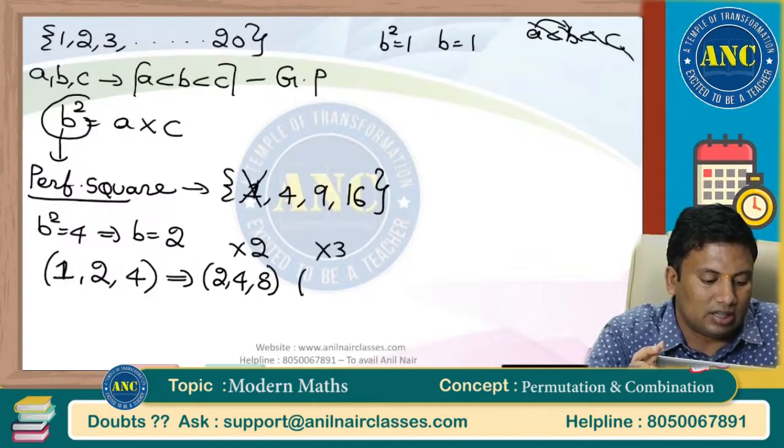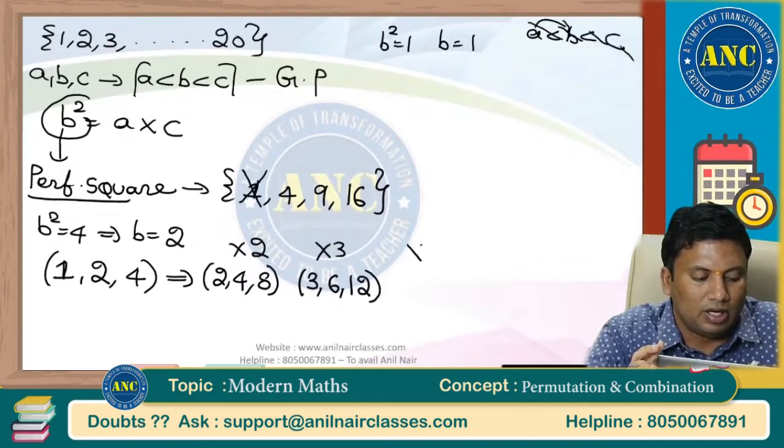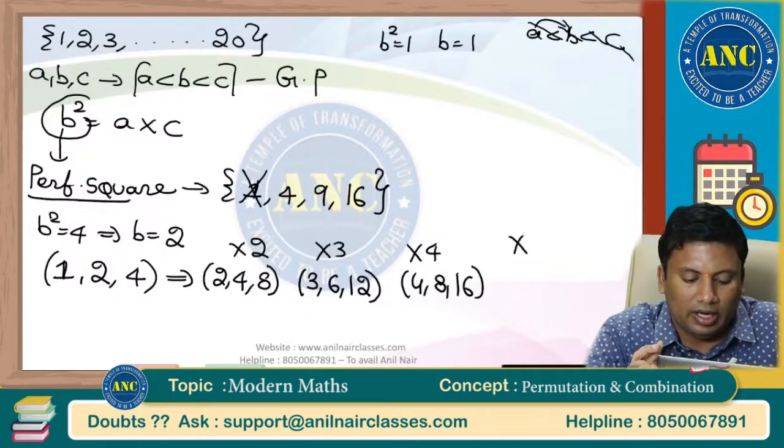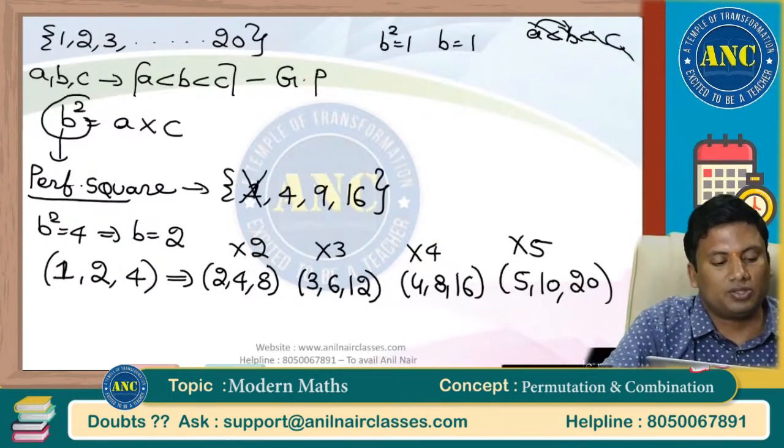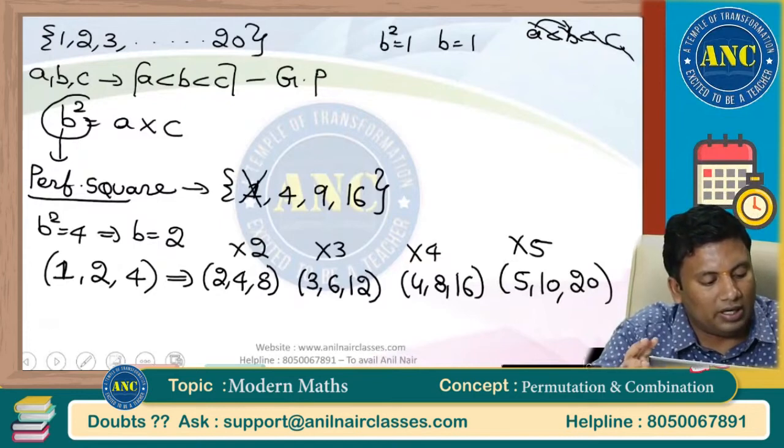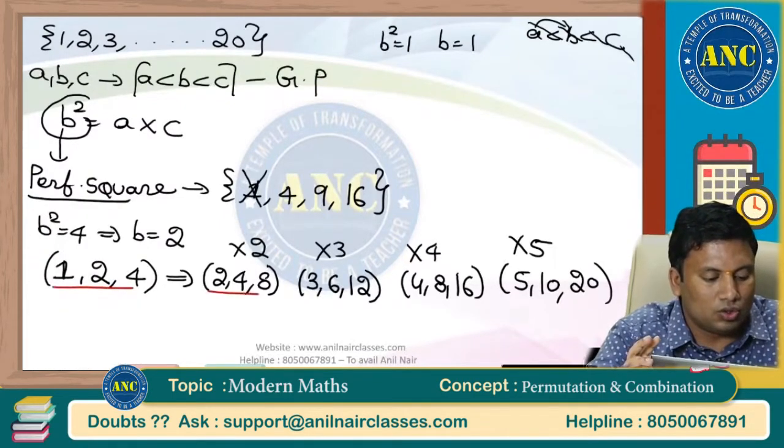Into 3 is nothing but 3, 6, 12 it is also possible. Into 4 is nothing but 4, 8, 16. These also possible. Into 5 is nothing but 5, 10, 20. These also possible. So totally how many we got? 1, 2, 3, 4, 5.